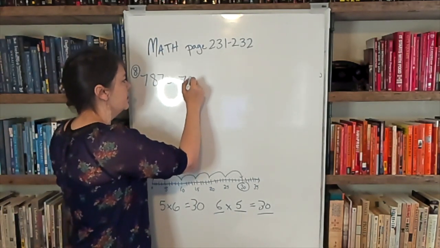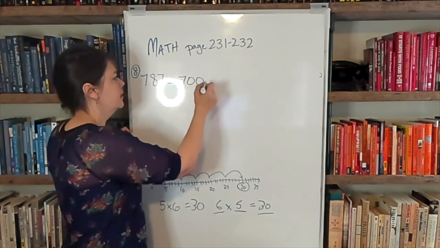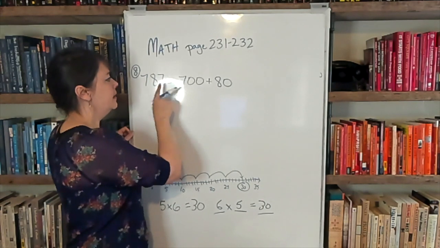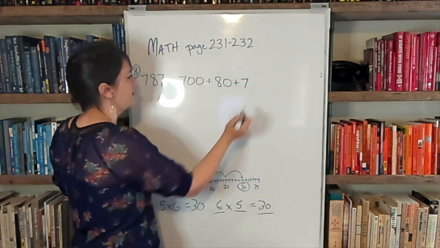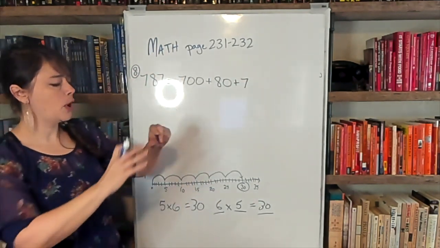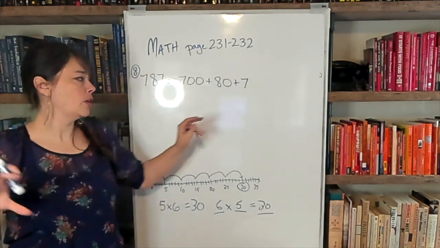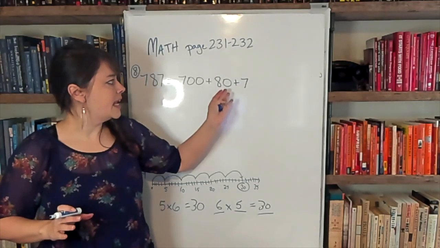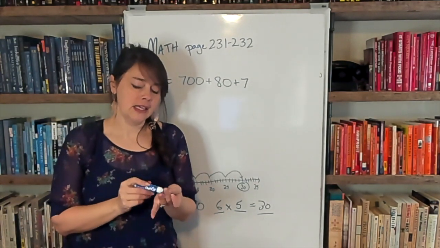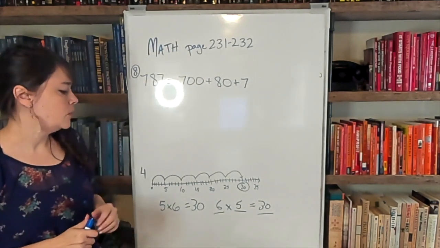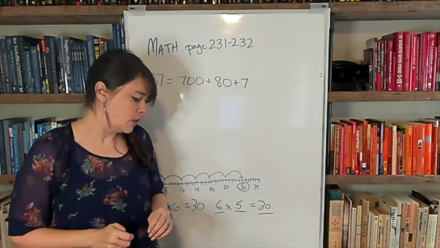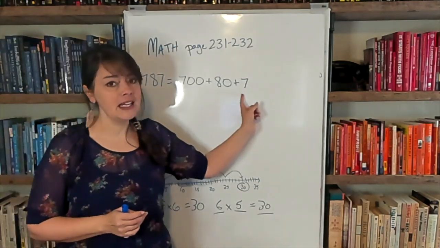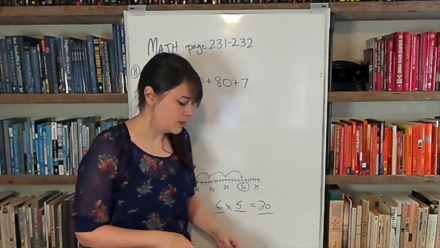You have 700 plus 80 plus 7. So you're taking the number apart into its big parts, from the hundreds, the tens, and the ones. 700 plus 80 plus 7 is the expanded form of 787. You have several of those to do. You'll just take each number apart and write it in its expanded form. That's your review time on that.